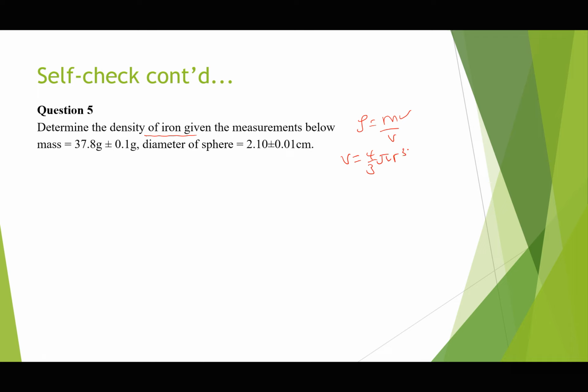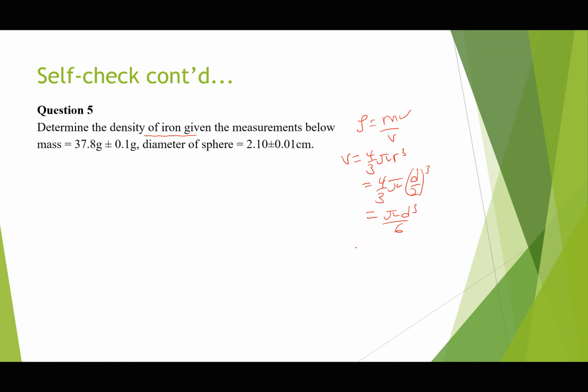You don't know the radius, so you substitute again. It becomes 4/3 pi, where there is the radius, I put d/2, and this is raised to power 3. When you simplify this further, you will notice that this becomes pi d cubed over 6.